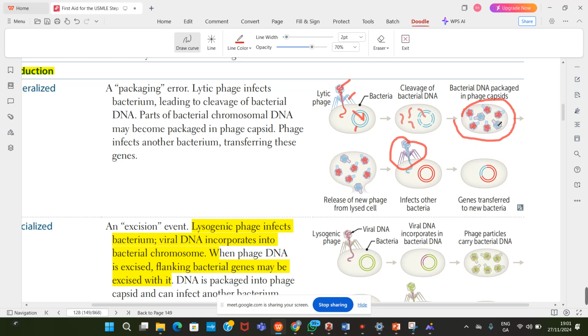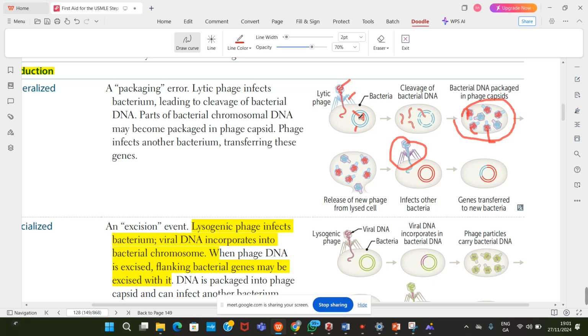Now, what I'm saying is that this is the original phage. It should contain phage DNA, which is red. So it means that all these are normal phage products, which is good. But there are some packaging errors because we have some phage that actually contain bacterial DNA, not phage DNA, which is this green DNA. Can we see?